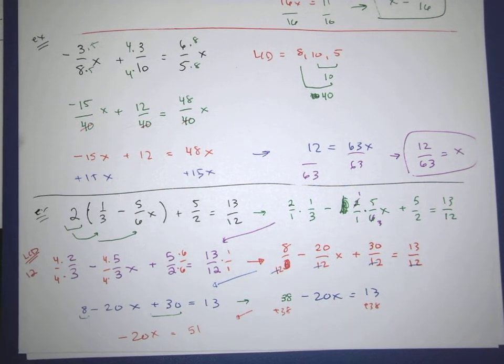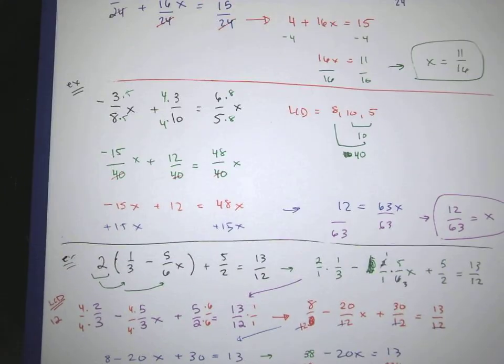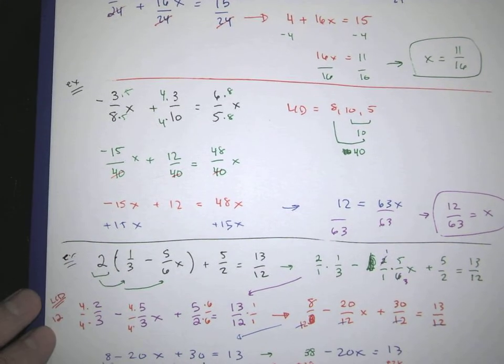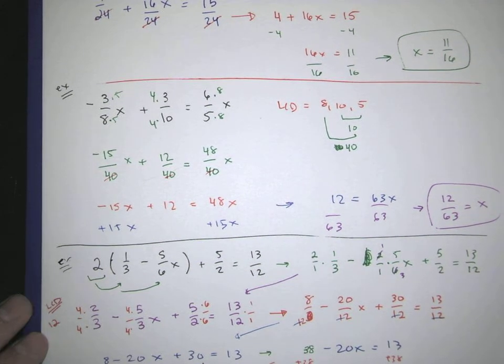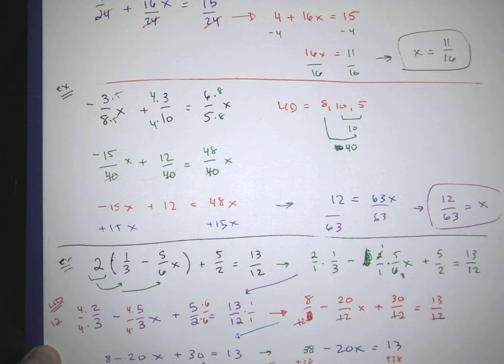So divide by the 20. Well, now here's where I'm going to pause, because that's a different answer than what we got before. So that would be x is negative 51 over 20.